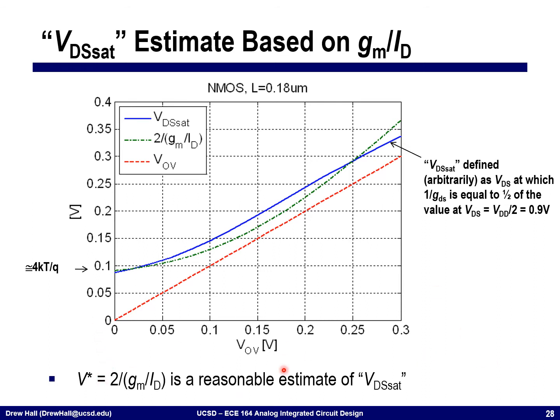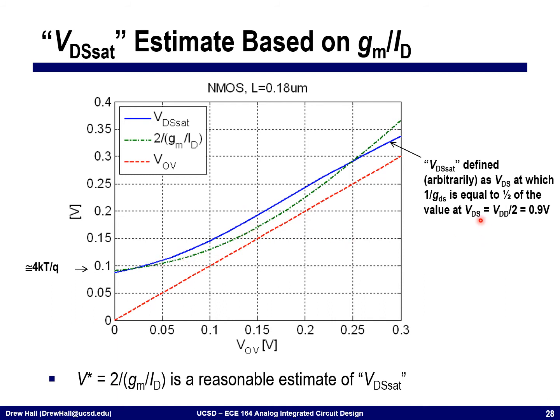And so again, we're showing overdrive voltage down here, and what we see is that for VOV as a function here, this is a linear function, VD sat, and then I'm also showing 2 divided by GM over ID.